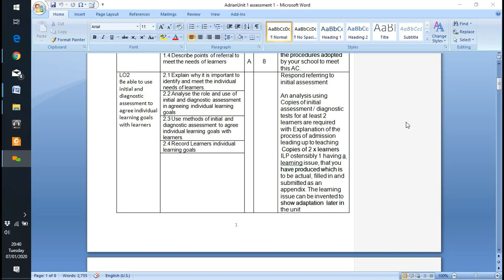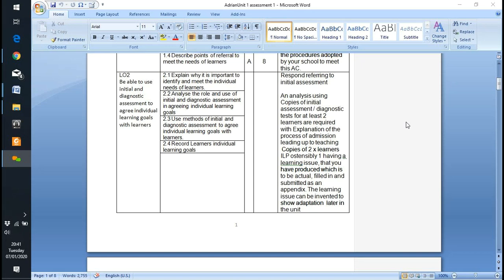Once that documentation is completed, it's then presented on here. All you've got to do is take the learners' names out and put A and B. Again, if this is not an operation that you get involved in, then you need to get the copies from the person that's done the initial assessment.